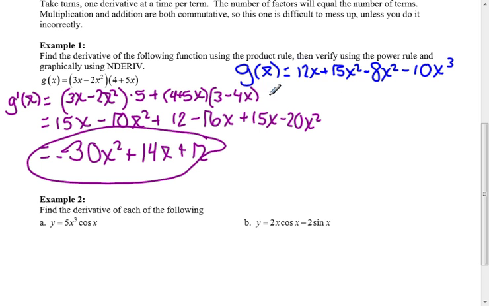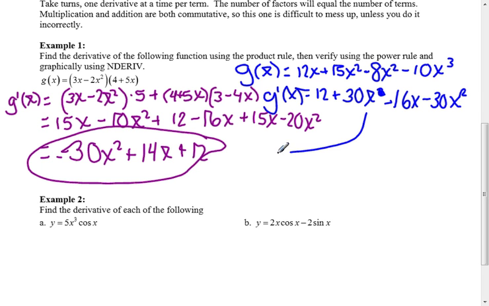Now if we take the derivative, we're just using the power rule here: 12 times x to the 0, which is just 1, plus 30x, remember we subtract 1 from the power, minus 16x, and then the last term minus 30x squared. Combine your like terms and you get exactly the same thing.